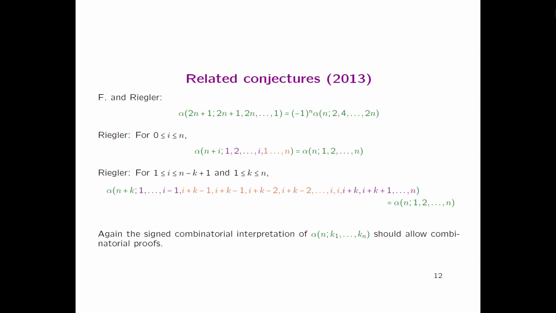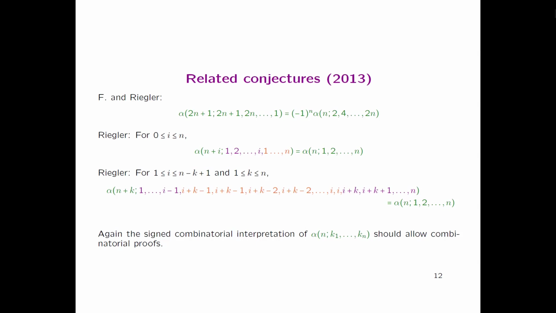And then the next thing is a bit of a combination of what I've shown you on the first slide and just the increasing sequence 1 up to n. Well, first you go from 1 up to i minus 1. Then you take a decreasing sequence where you double each entry, and in the end you increase again. And that's independent of i and k, and again gives the ASM numbers.